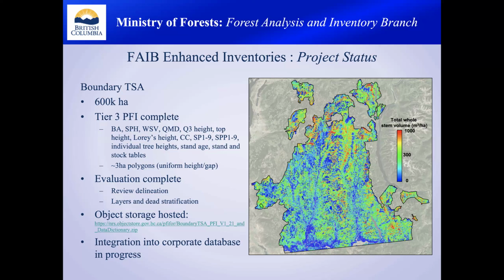So that's kind of one area where we're doing these incremental changes. There's also the fact that it wasn't layered by different strata, and there was no dead stratification. So some ideas on where we can improve. This inventory is available on object storage, and it's currently in the process of being integrated into our corporate database.